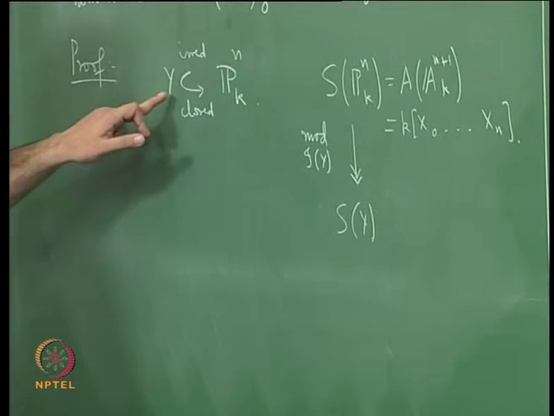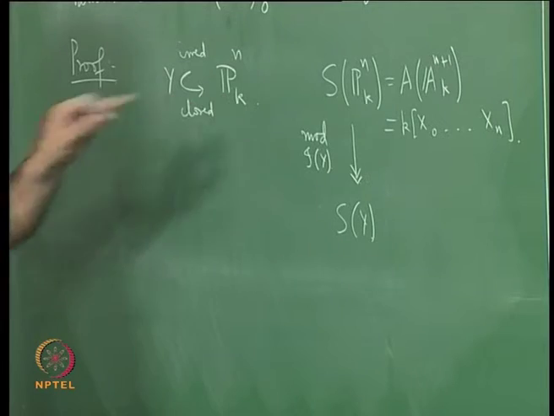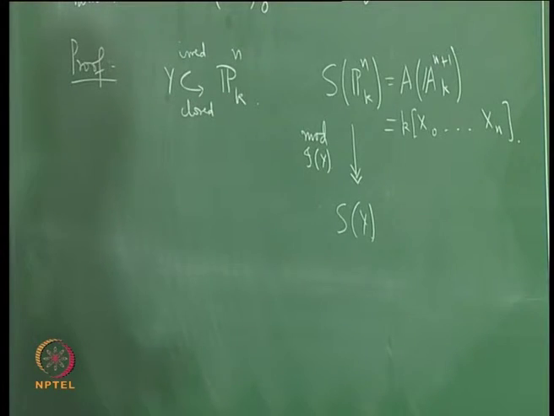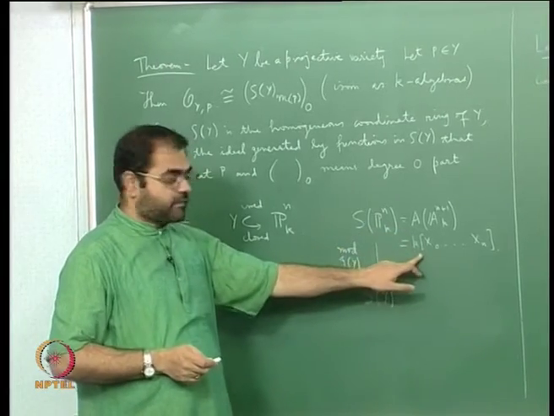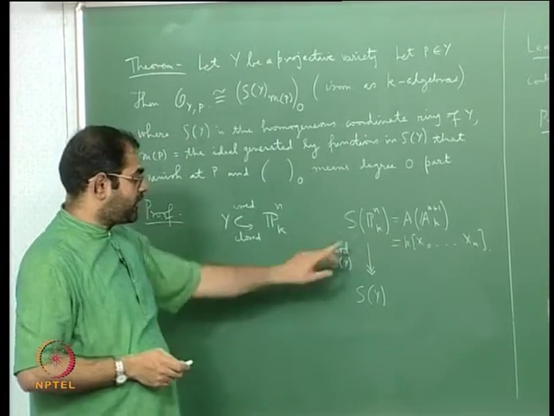Mind you, Y is a closed subset of projective space, so it is given by a homogeneous ideal, and the homogeneous ideal is going to live in this polynomial ring, which is the homogeneous coordinate ring of P^n.